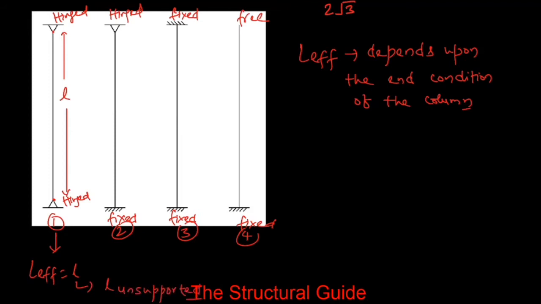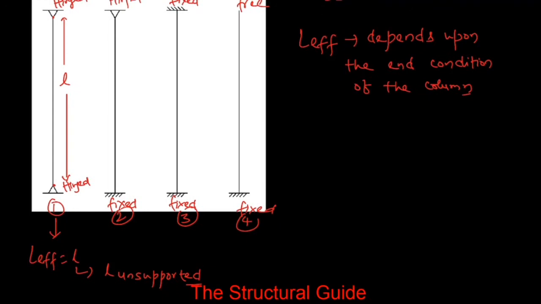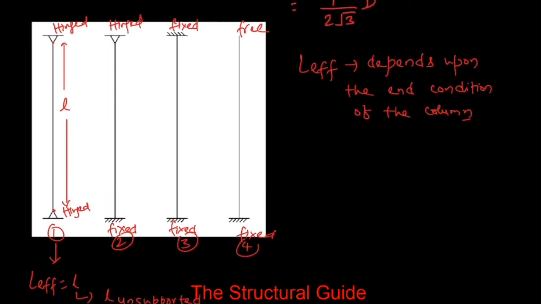L unsupported means it is the distance between the connections. For case number 2, when one end is fixed and another one is hinged, in this case L effective is equal to L by root 2. For case number 3, both the ends are fixed, in this case L effective is equal to L by 2, and when one end is fixed and another one is free, for this case L effective is equal to 2L.